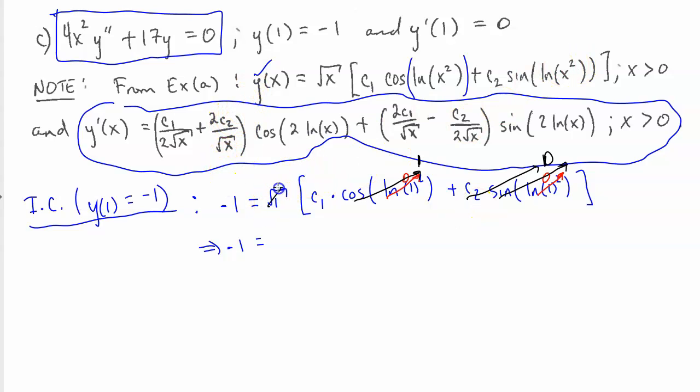And square root of 1 is just 1. So after all that simplification, we have 1 times C1 plus 0, so C1 ends up being negative 1.